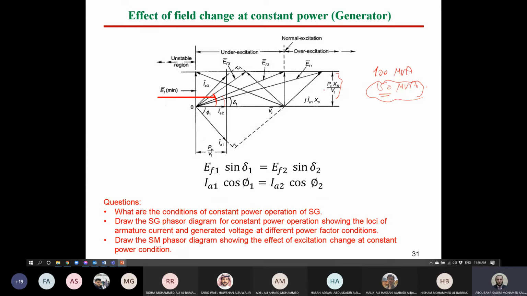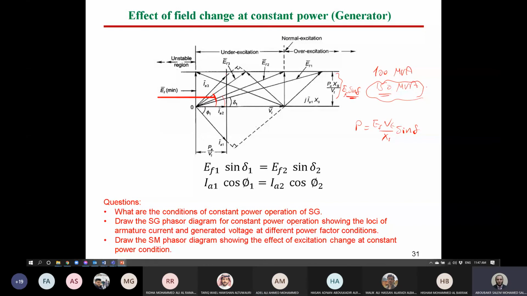If you get it from the equation, you can find that the power equals E_F V_terminal over X_S sine delta. Right or wrong? So P multiplied by X_S over V is nothing but E_F sine delta. Right or wrong, guys? So this length means E_F sine delta.